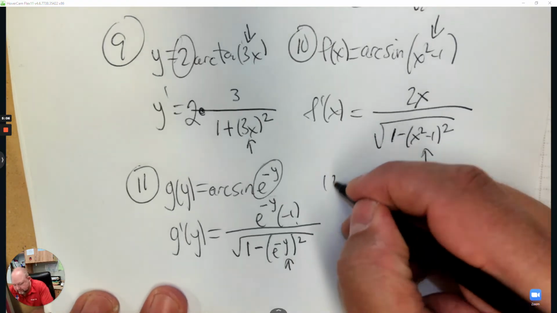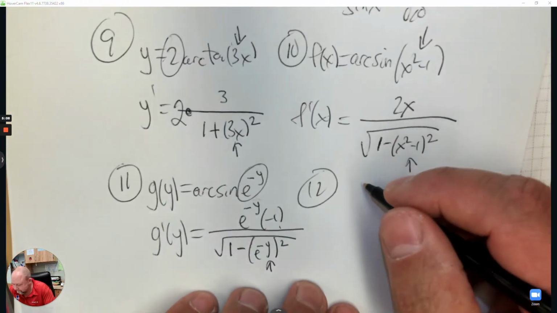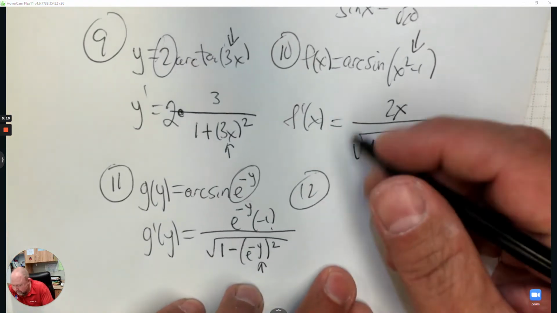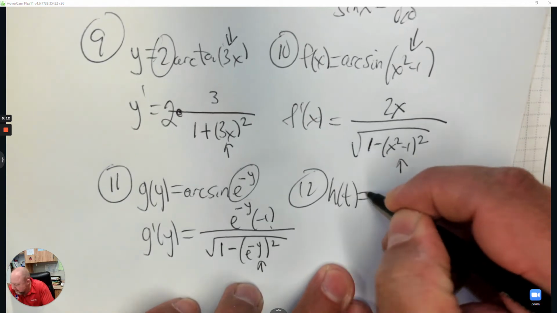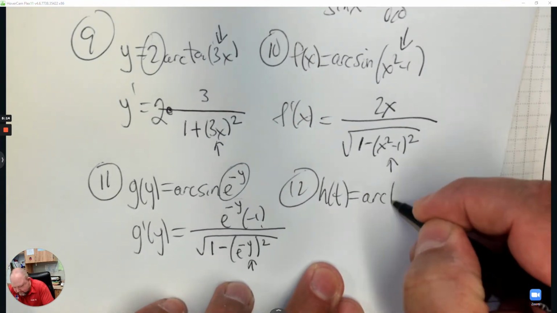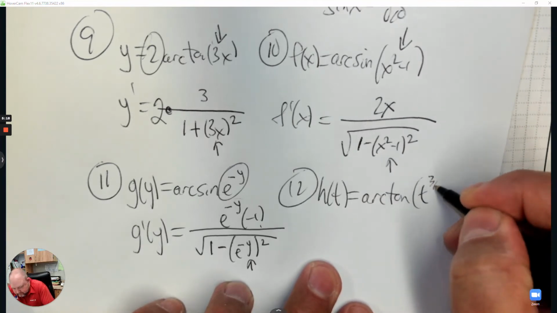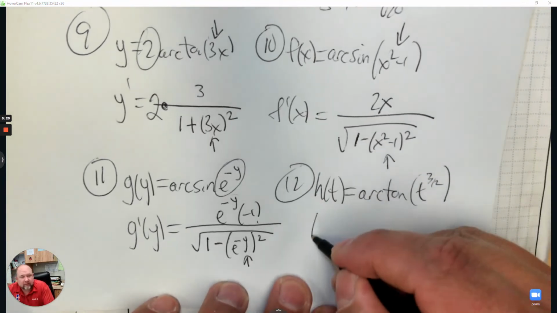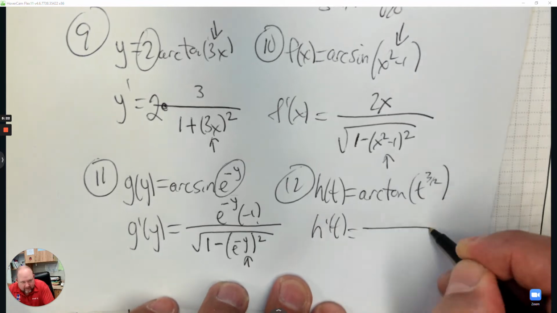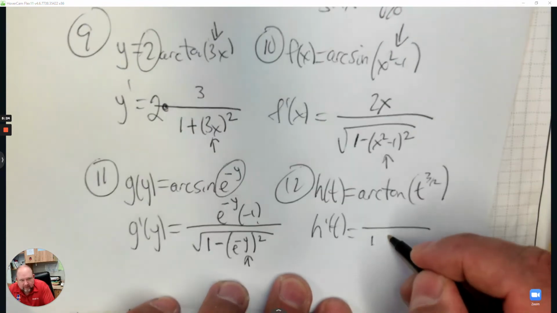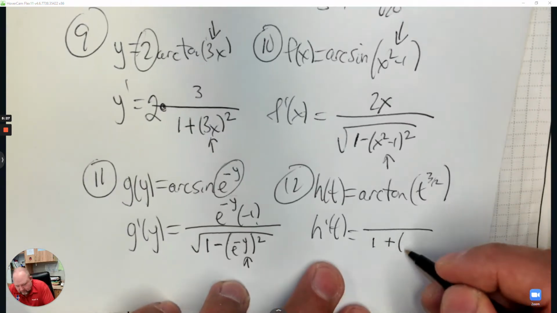Number 12. Arctan of t to the 3 over 2. So when I take the derivative, I know it's a fraction. It's going to be 1 plus whatever this is squared.